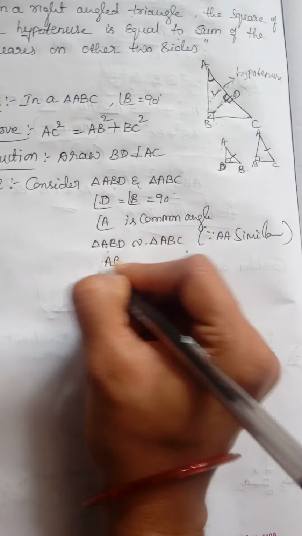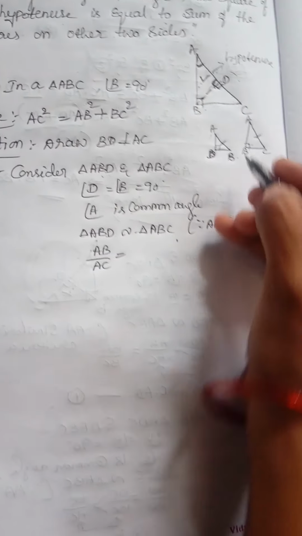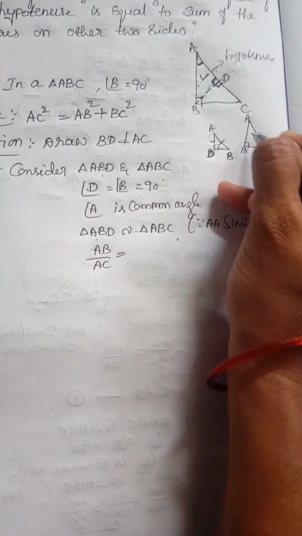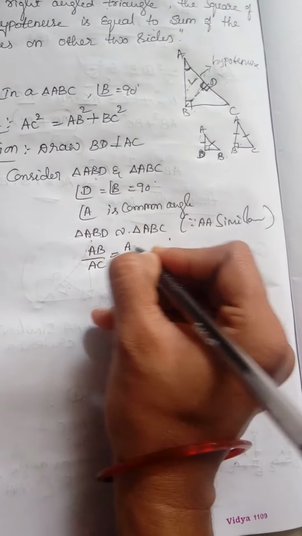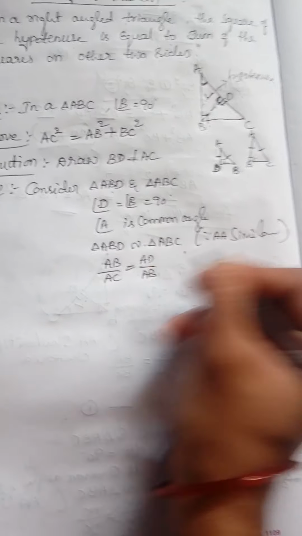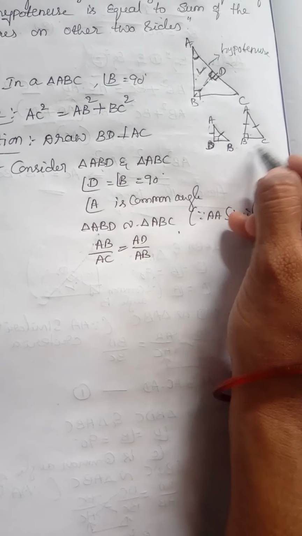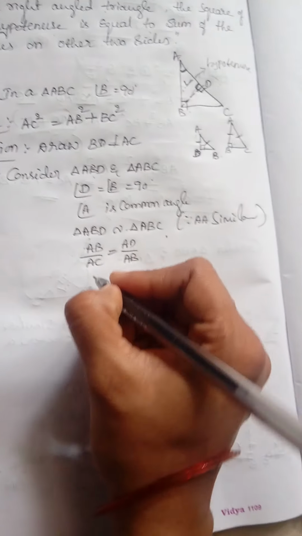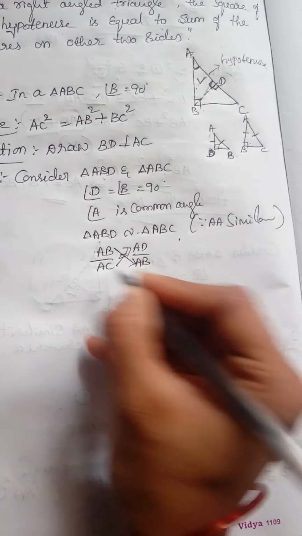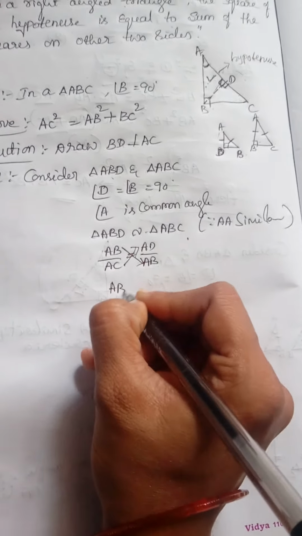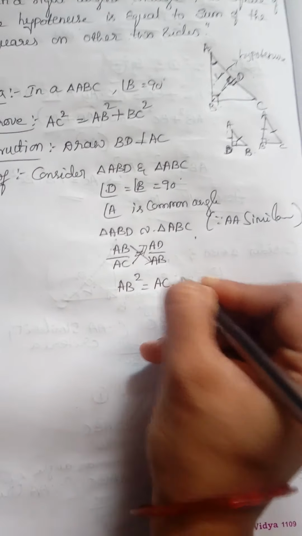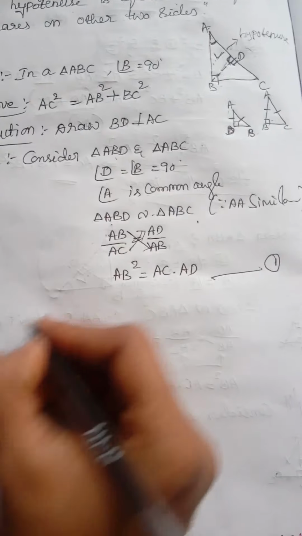AB by AC and AD by AB. The other ratio, BD and BC, is neglected. By cross multiplication, we get AB square is equal to AC into AD. Equation 1.